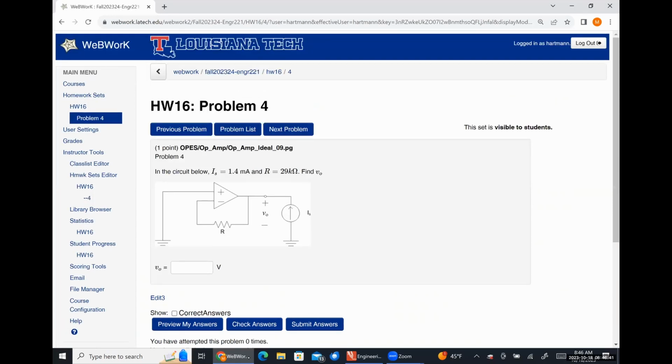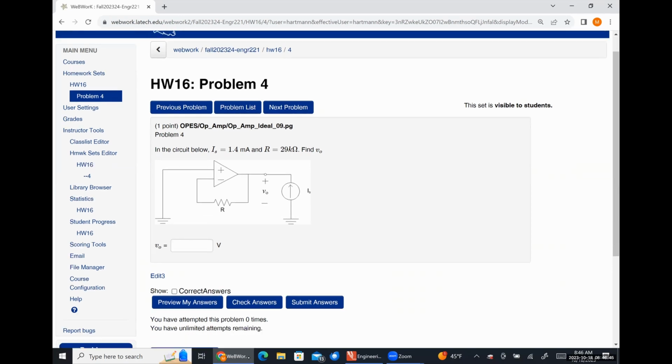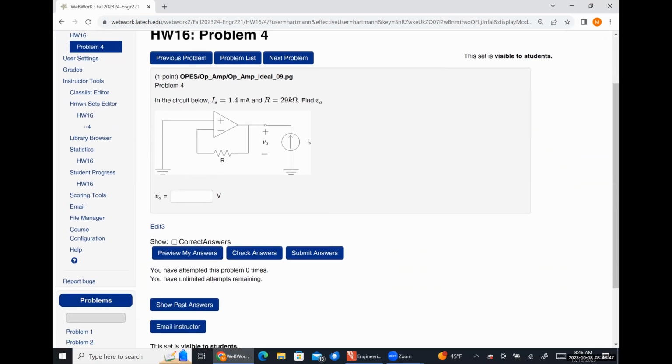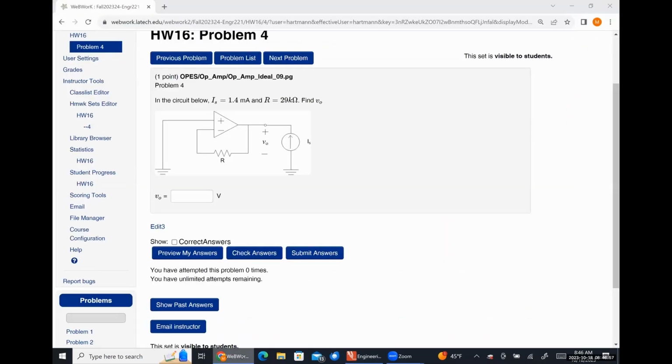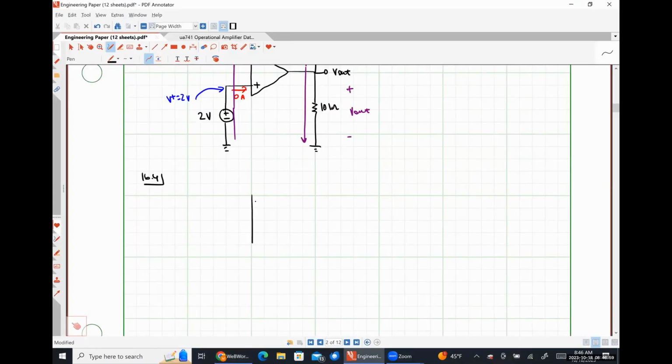Look at problem number 4. This is one of my favorite ones. So we have our op-amp like so. Our non-inverting input terminal is grounded.